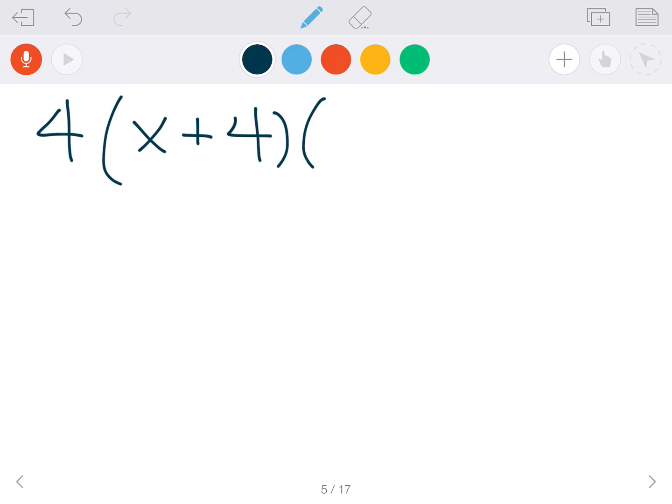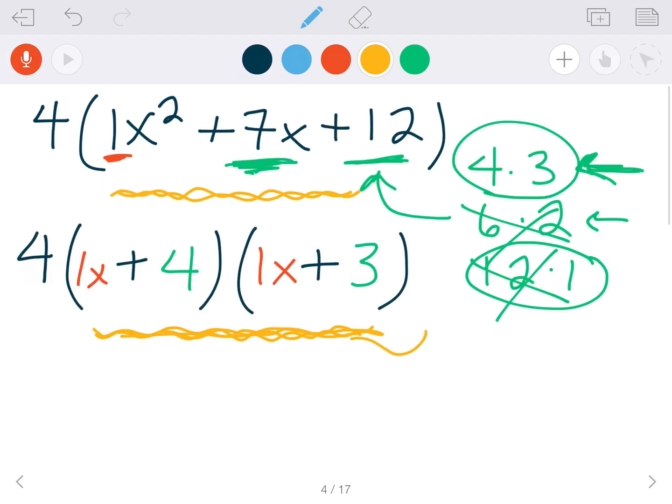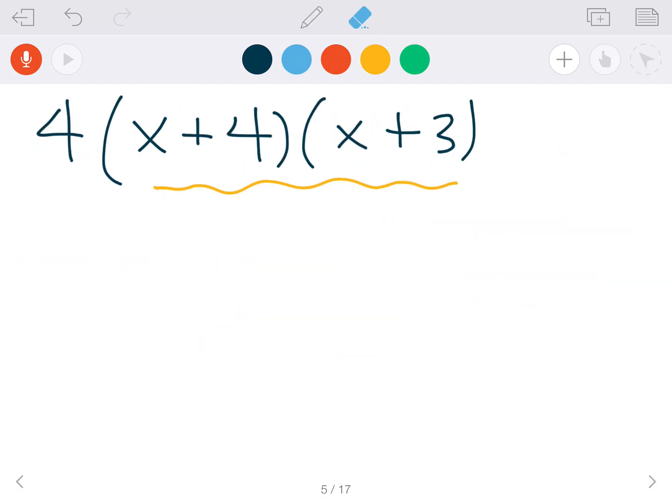I'll use the next page. So we have 4 times quantity x plus 4 times quantity x plus 3. And again, these quantities here are these quantities here. Okay, FOIL time.